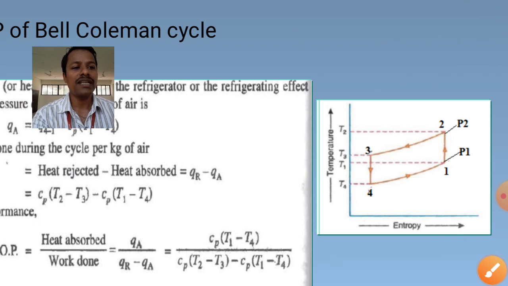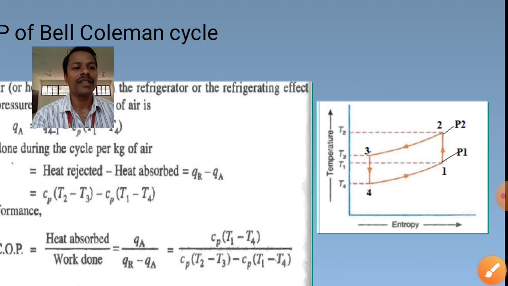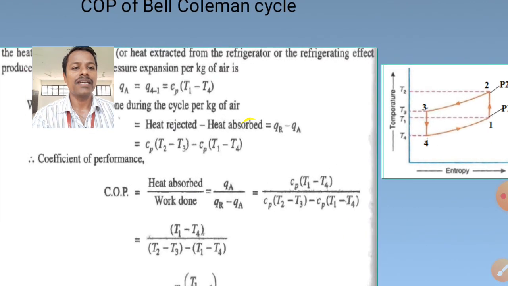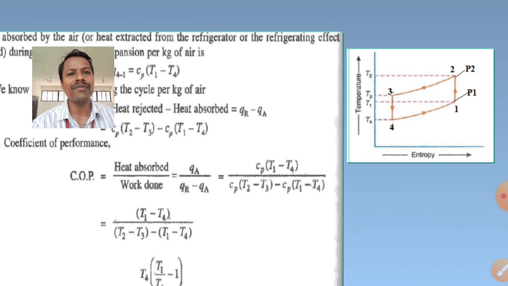So the same expression I will substitute here: heat rejected is Cp into T2 minus T3, heat absorbed is Cp into T1 minus T4. Heat absorbed is nothing but refrigeration effect. What is refrigeration effect? Refrigeration effect is the quantity of heat absorbed per kg of refrigerant circulating inside a refrigerator.